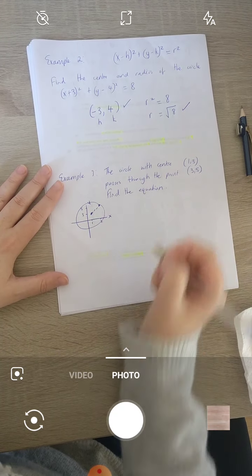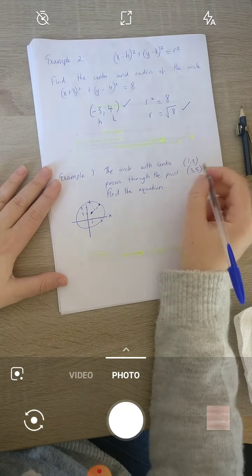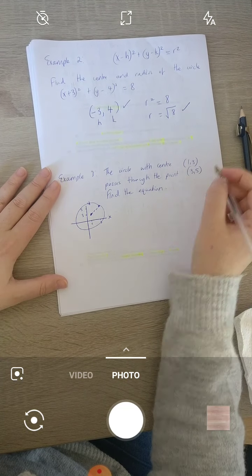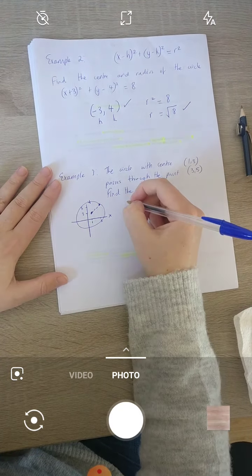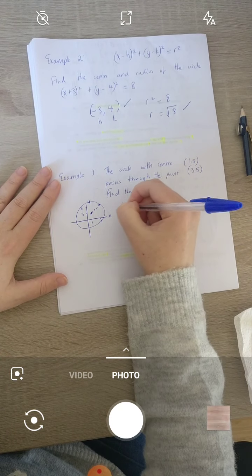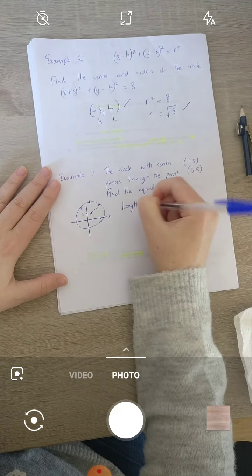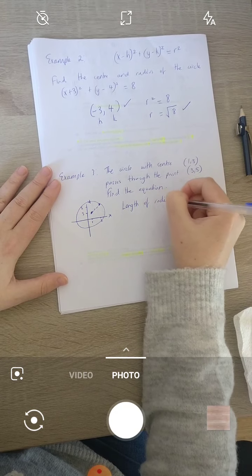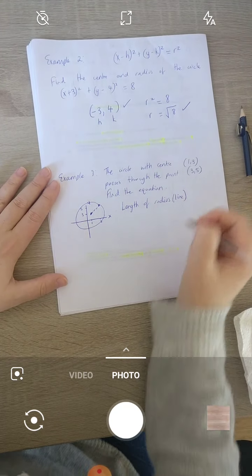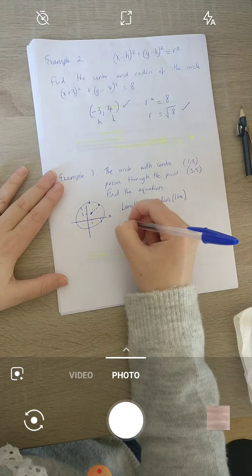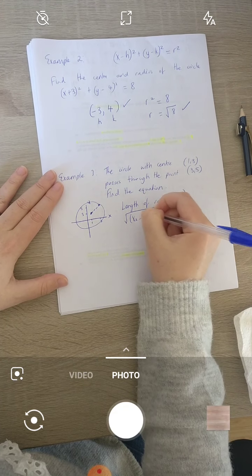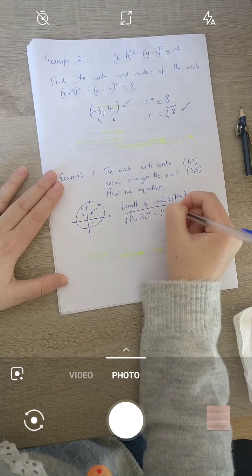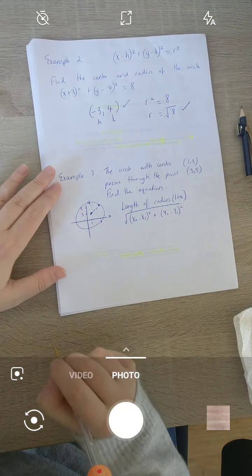That means from the center to that point would be the radius. So we're looking for the length of the radius, and that is a straight line. So we're using our length or distance formula, x2 minus x1 to be squared plus y2 minus y1 to be squared.